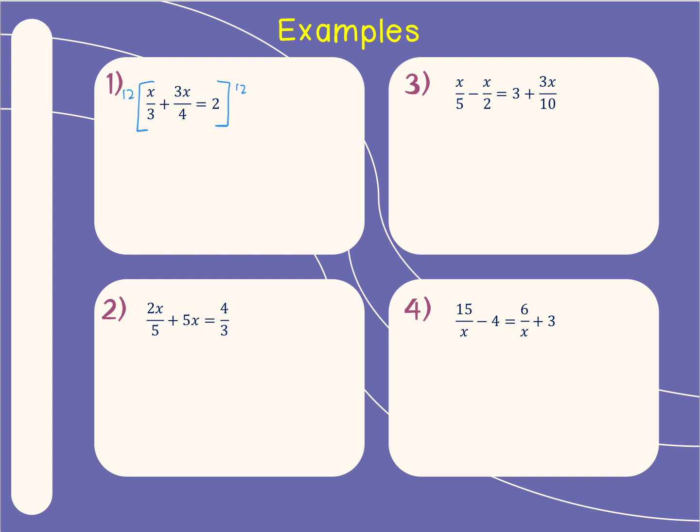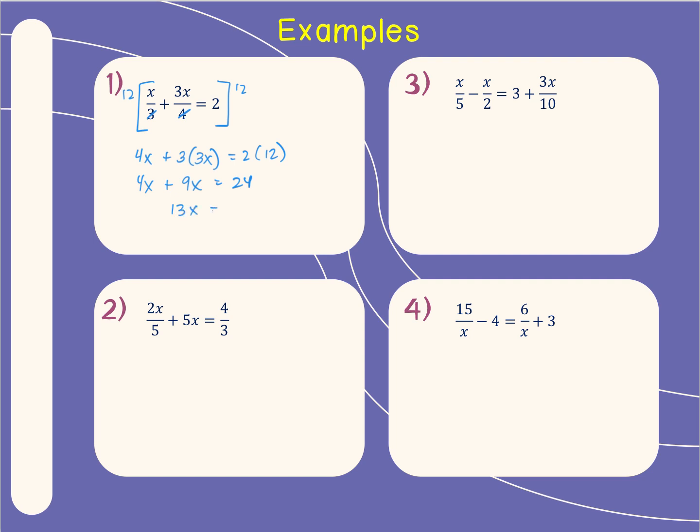So when I multiply x over 3 by 12, the 3 is going to cancel. I'm going to be left with a 4, and I'm going to multiply that by x. When I multiply 3x over 4 by 12, the 4 is going to cancel. I'm going to be left with a 3, and I'm going to multiply that to the 3x. And over here, I have no denominator, so I'm just going to get 2 times 12. And so now notice that this problem became much simpler because I was able to eliminate the denominator.